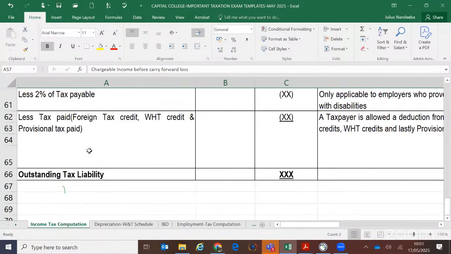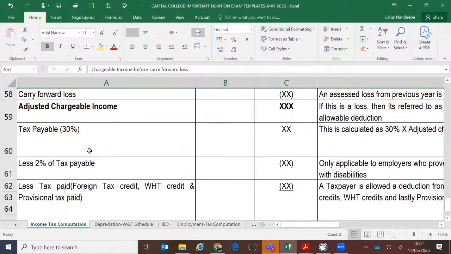Now, when you have finished that, there is this one unique item. Please don't cram that because it is unique as it is. You will only remove that 2% on the tax payable, and only if this entity you're dealing with is employing persons with disabilities that form at least 5% of the full-time employees.